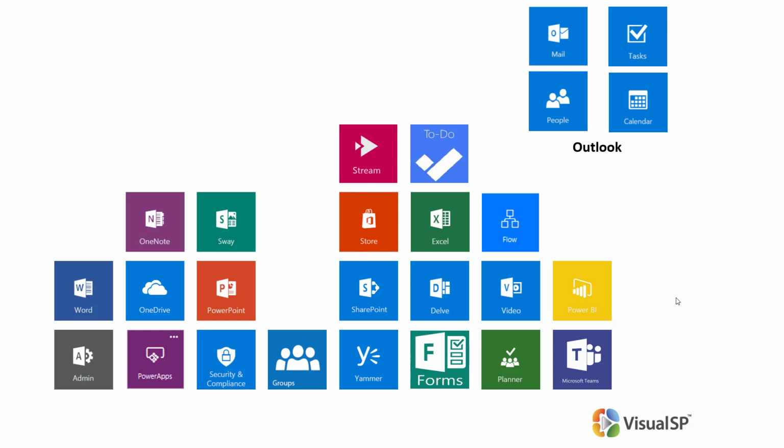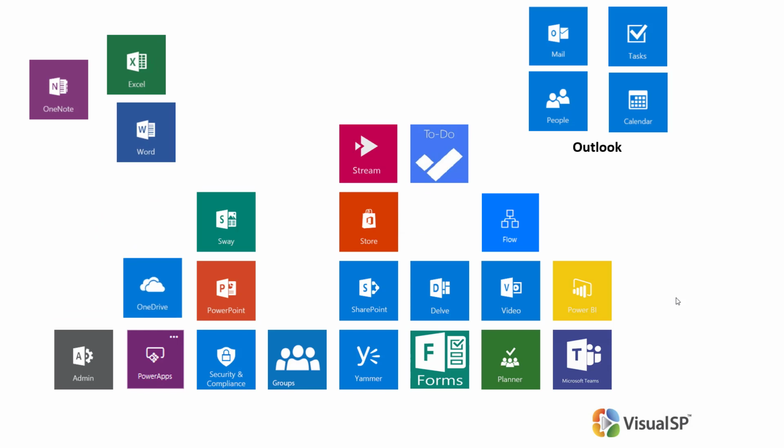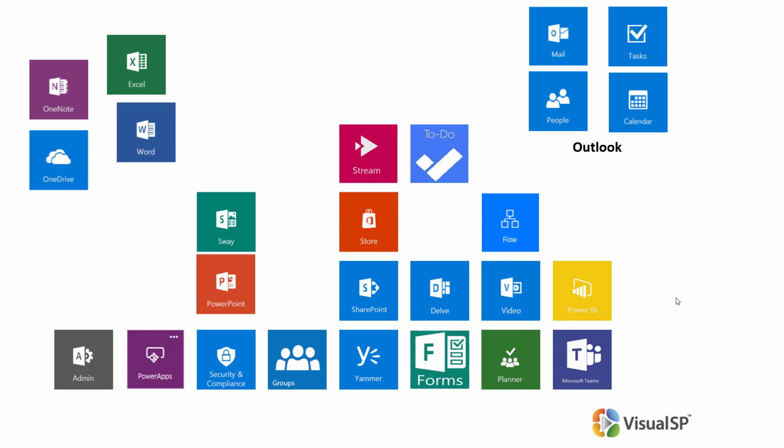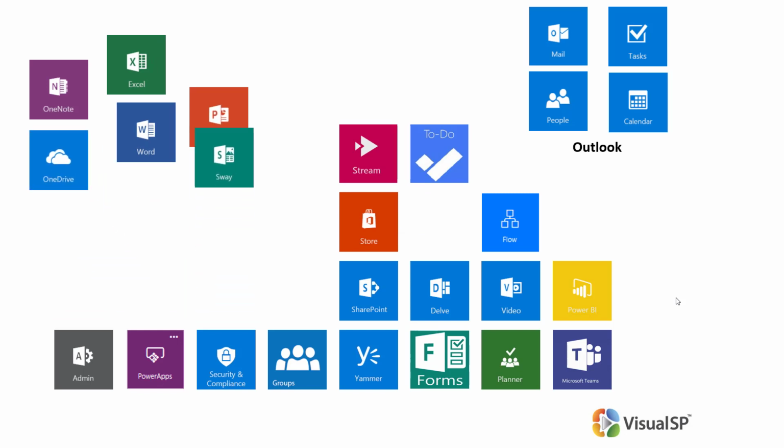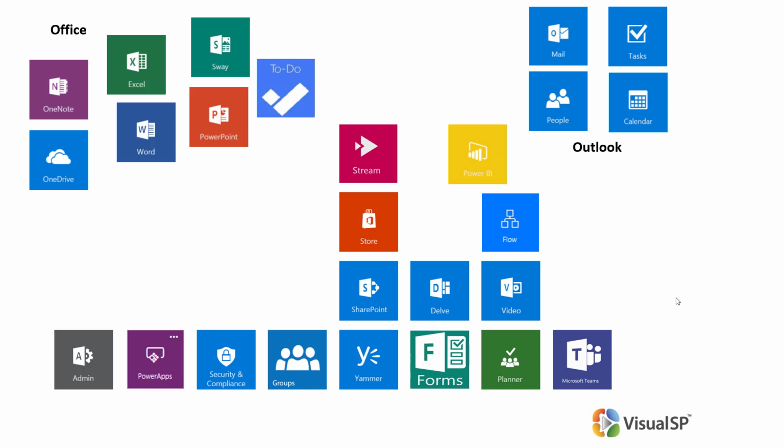Messaging, calendaring, etc. Then I'll take OneNote, Excel, Word, OneDrive, PowerPoint, and Sway, and To Do. Okay, and this particular group over here, we're going to call this Office. That's the Office applications.